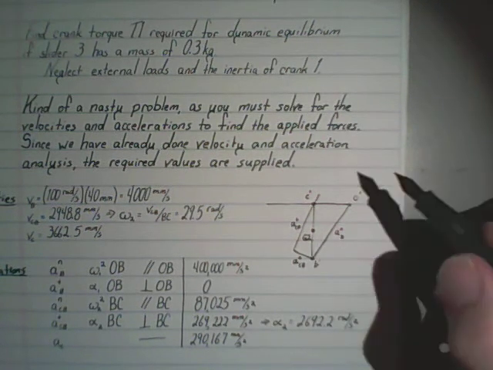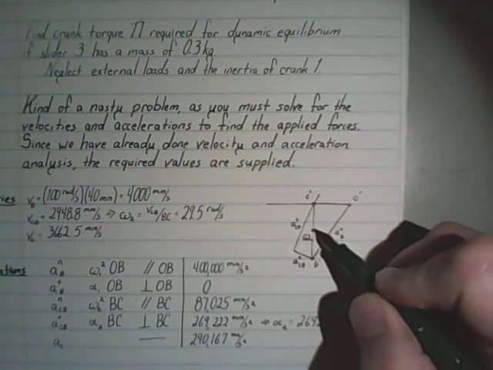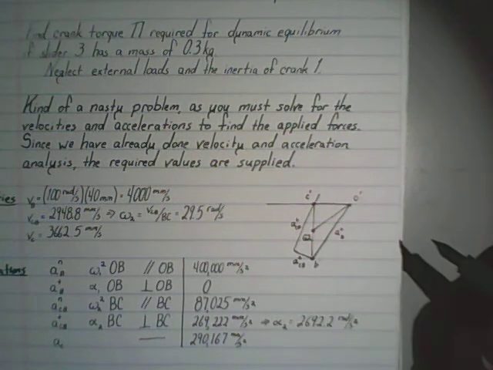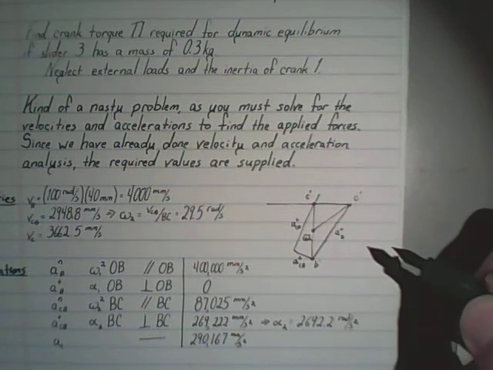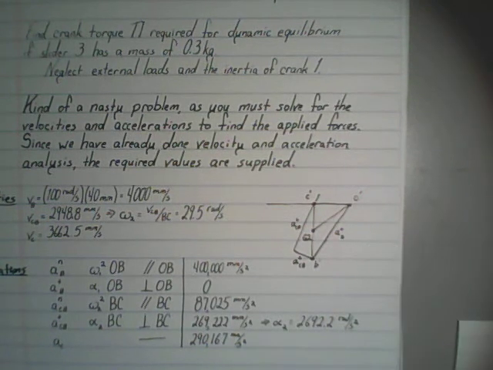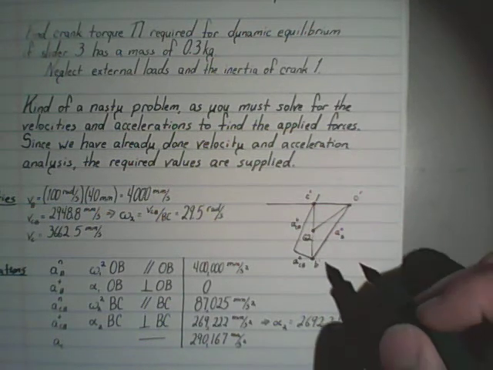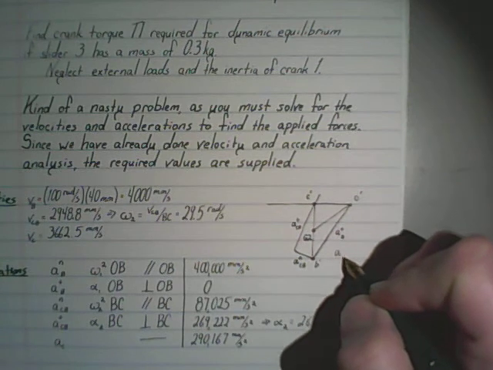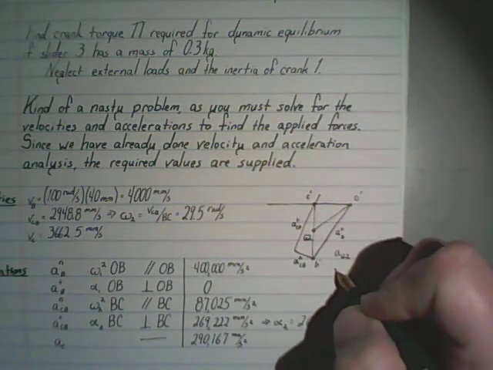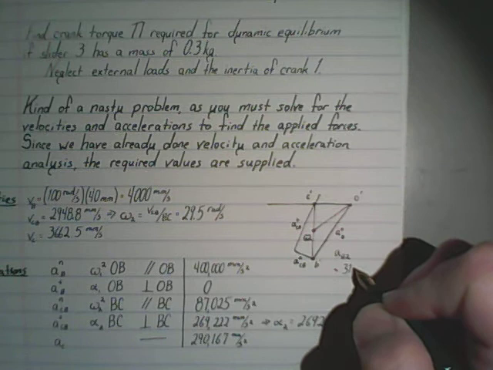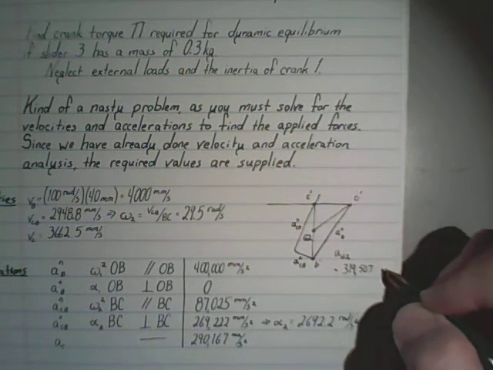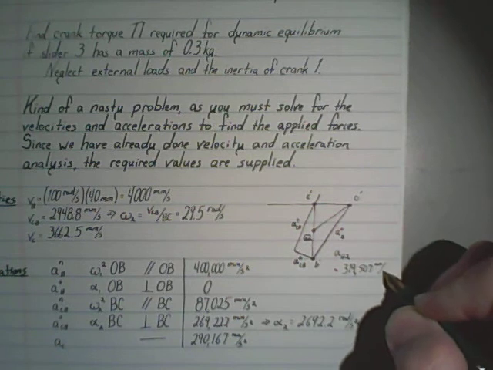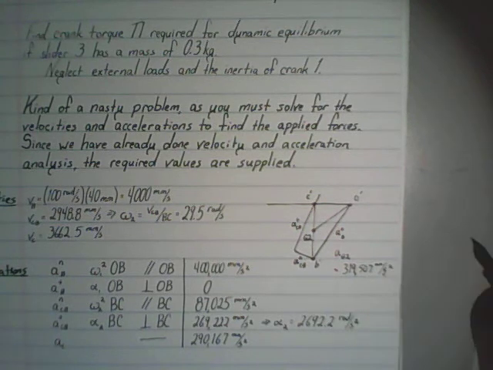If I want to get the magnitude of its acceleration, I merely need to scale the distance back to my fixed point and take it through the scaling factor of my acceleration polygon. That did give me a value here. I'm going to write it down for you. The acceleration of G2, a sub G2, is equal to 319,507 millimeters per second squared.